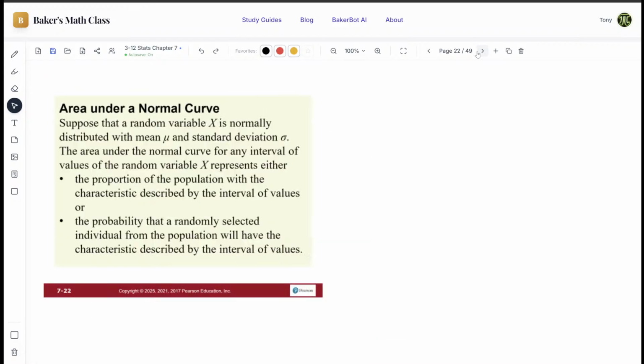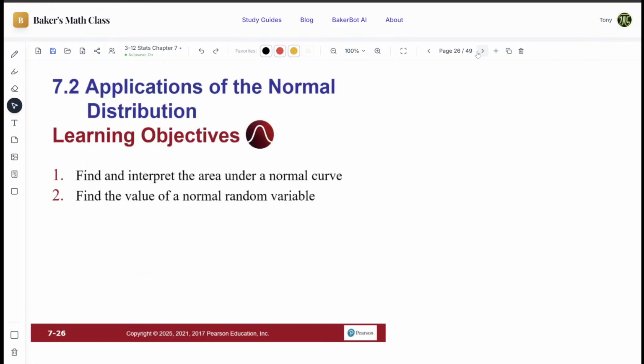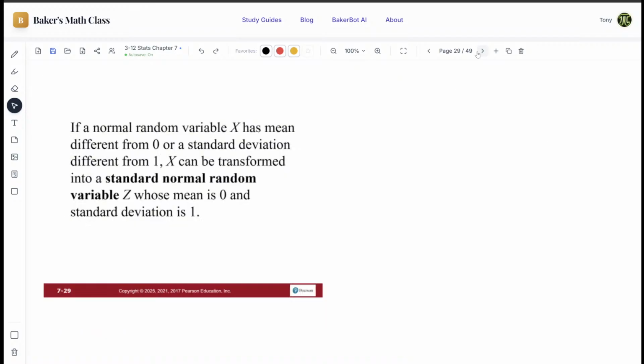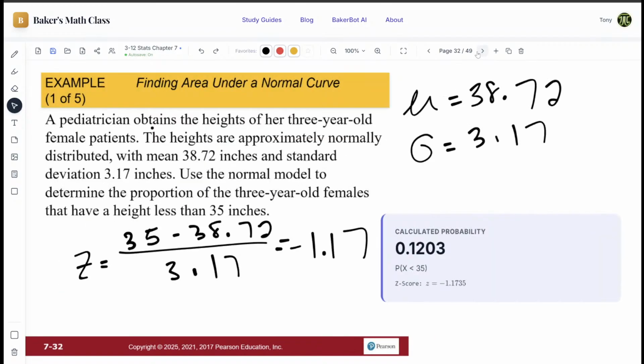It's less about making sure that you understand all the details behind it, but understanding that when you get an answer, it's like, okay, does that answer make sense for the question? So in this case, I'm more than one standard deviation below, so the 12% kind of makes sense for that. If I was closer to 0, I'd be closer to the 50%. The farther away I get from 0, the smaller those numbers are going to end up being.